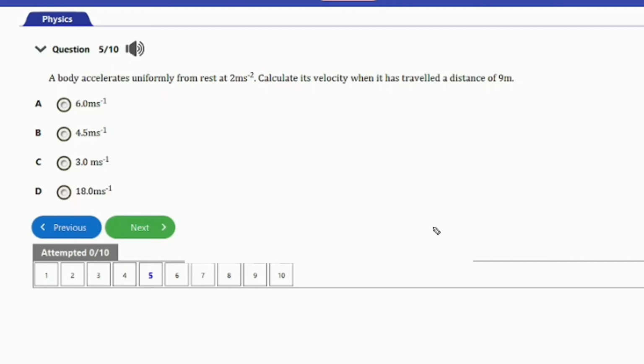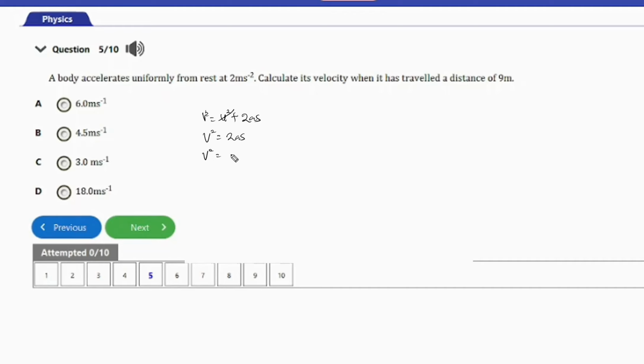Alright, so guys, in order for us to answer this question, we'll use the equation v squared is equal to u squared plus 2as, where u squared is the initial velocity squared, and actually the initial velocity is 0, so 0 squared is still 0. In that case, v squared is equal to 2as. So acceleration here is 2 meters per second squared, and the distance s is actually 9 meters.